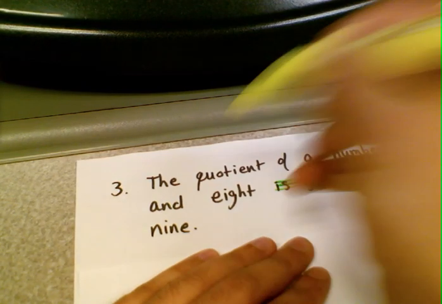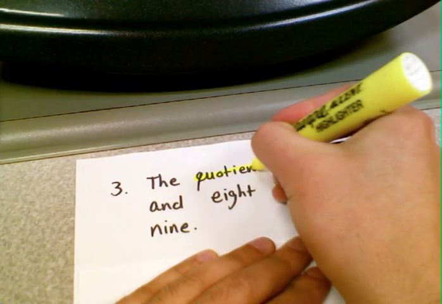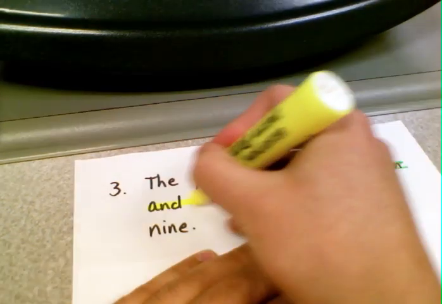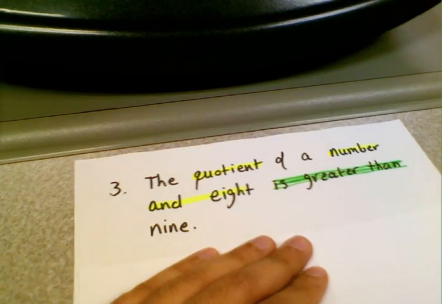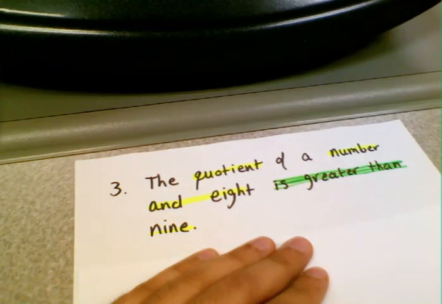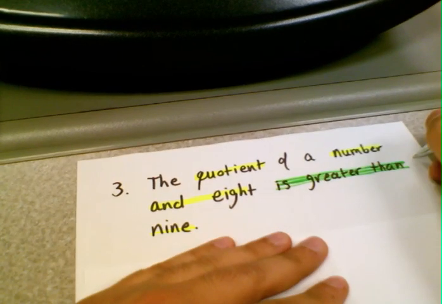All right. I'm just going to highlight here the quotient. I'm not going to highlight the word the, of a number and 8. I'm just going to highlight number and 8 there. And then is greater than 9. All right. I see that the is greater than is the symbol like so.